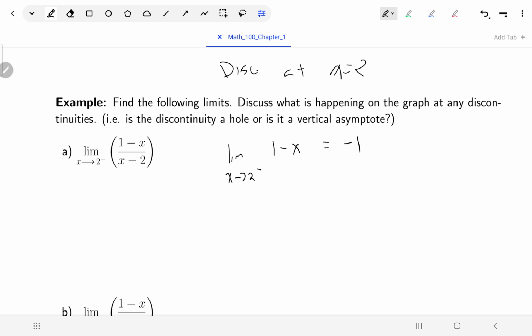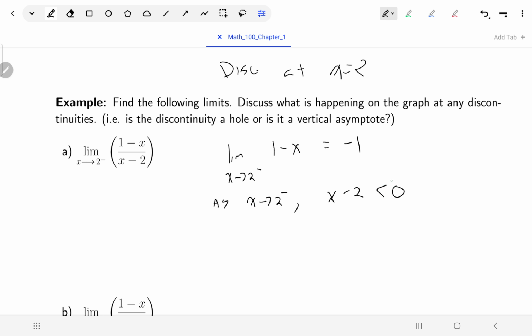So our numerator is negative. And for the denominator, as x is going to 2 from the left, x minus 2 itself is going to be some number smaller than 2 minus 2. We're going to wind up with something that's negative.